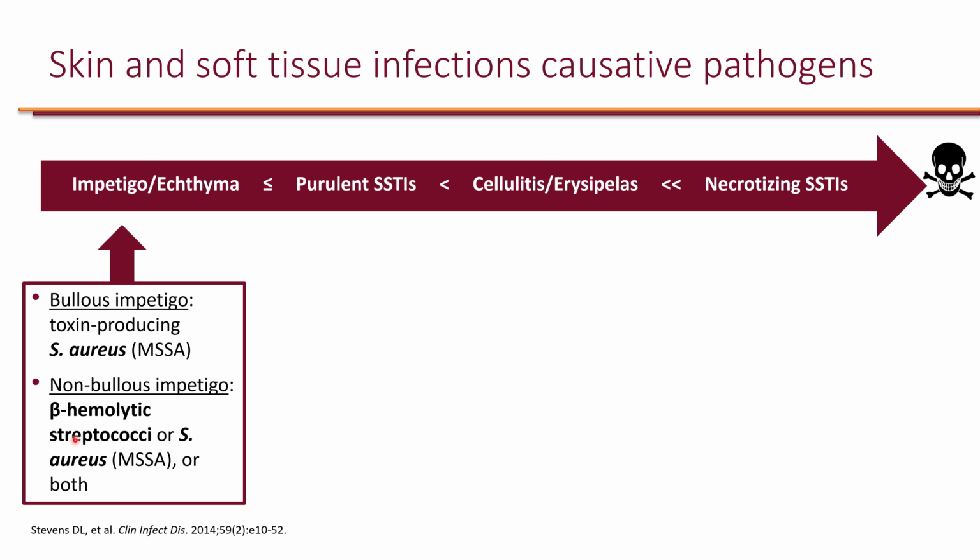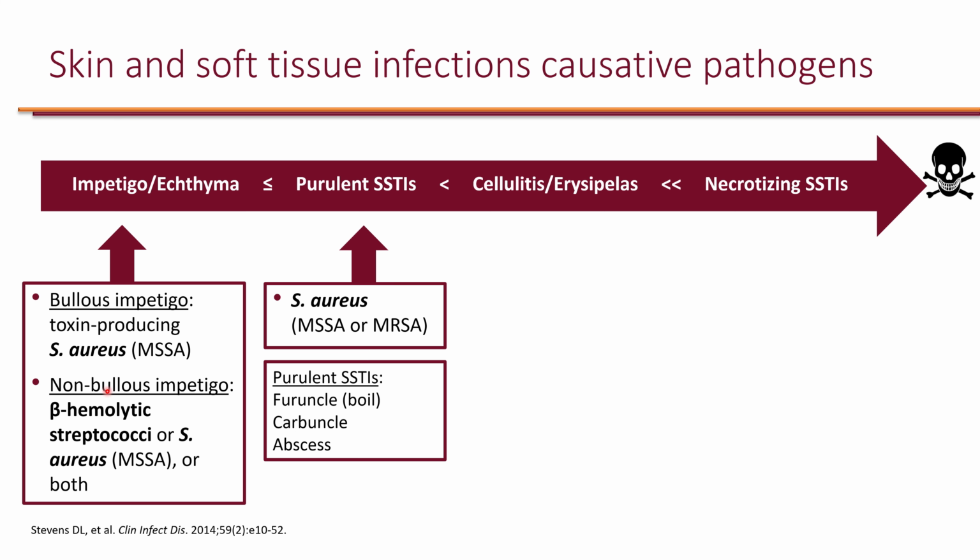Non-bullous could be due to beta hemolytic streptococci, so that's essentially group A strep, Streptococcus pyogenes, or Staph aureus, or both. And that's still MSSA. So it's not necessary to cover MRSA for these superficial infections.